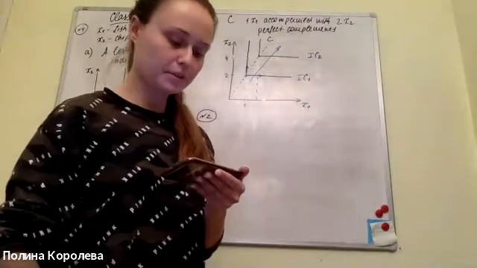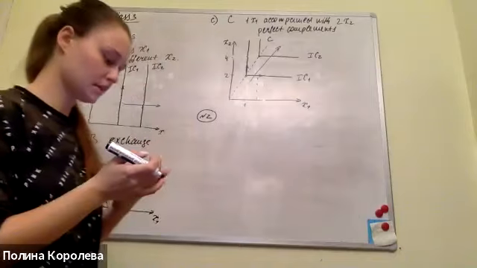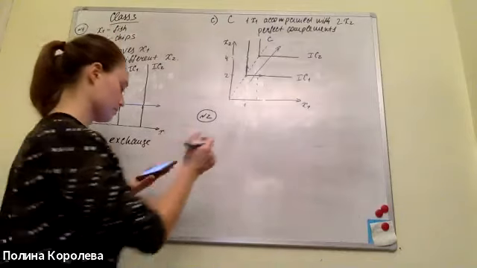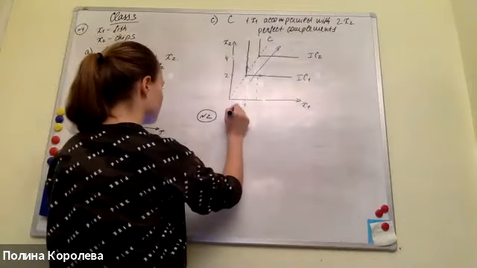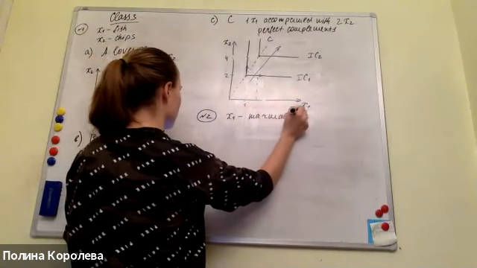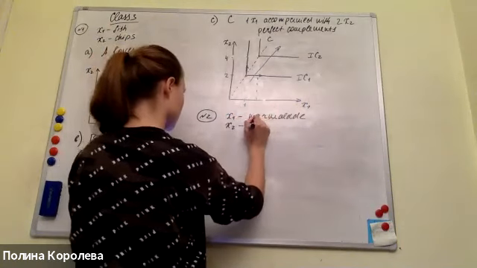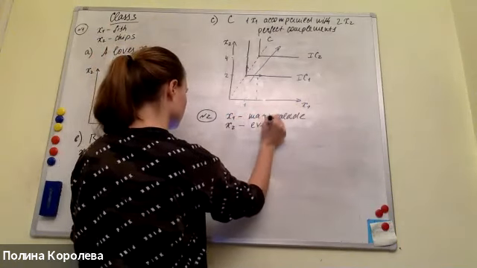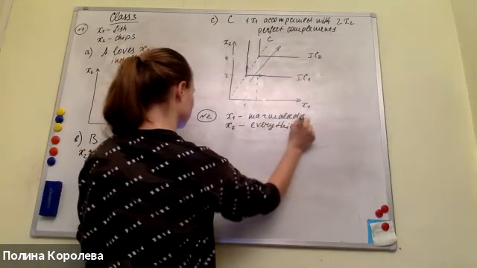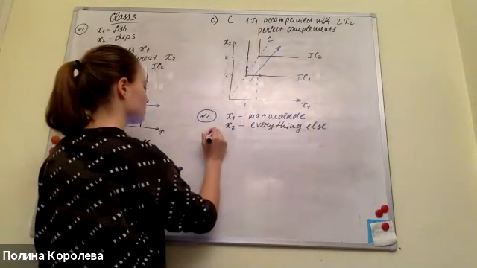Consider a person whose preferences for marmalade and spending on everything else are described by the following utility function. So we have good x1, marmalade, x2, everything else, and the utility function.